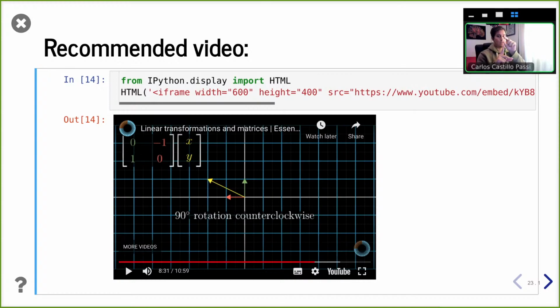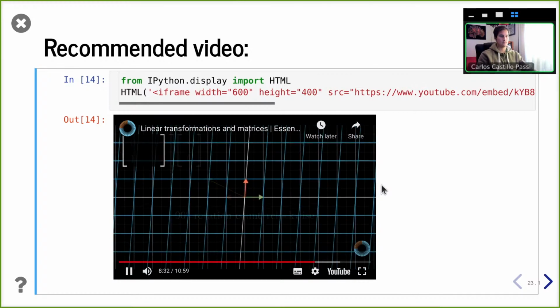If you apply the linear transformation to those vectors, for example, in this case, he's showing a 90-degree counterclockwise rotation, you'll have the columns of the matrix. So in this case, a 90-degree counterclockwise rotation is described by the matrix 0, 1 and -1, 0, because those columns are the place in which the canonical vectors will land after the transformation.